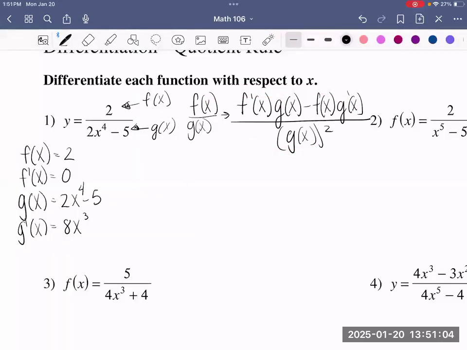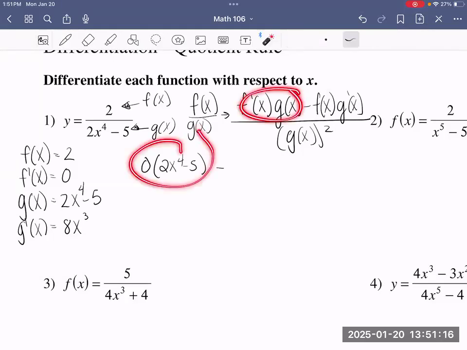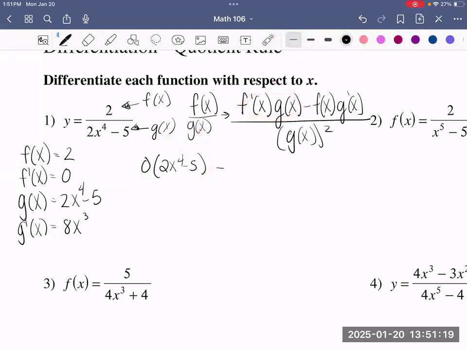So you'll notice that f prime of x is 0, and that is totally okay. Now when we multiply it by your g of x, 2x to the 4th minus 5, minus this whole term will turn out to be 0, and that is okay, because it just means that this term is constant, meaning that your slope is going to be 0. It is a horizontal line where slopes are all 0.